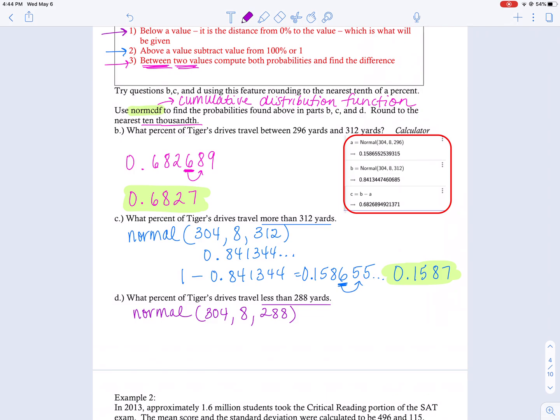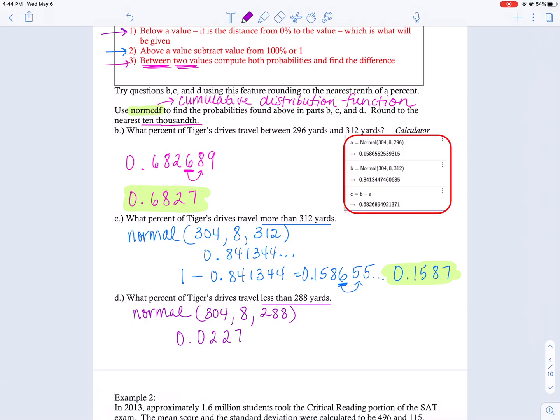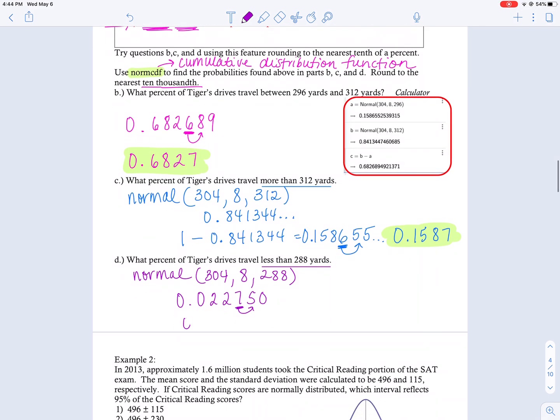0.0227. Okay, so tenths, hundredths, thousandths, 10,000ths. I'm going to make that number become 0.0228.